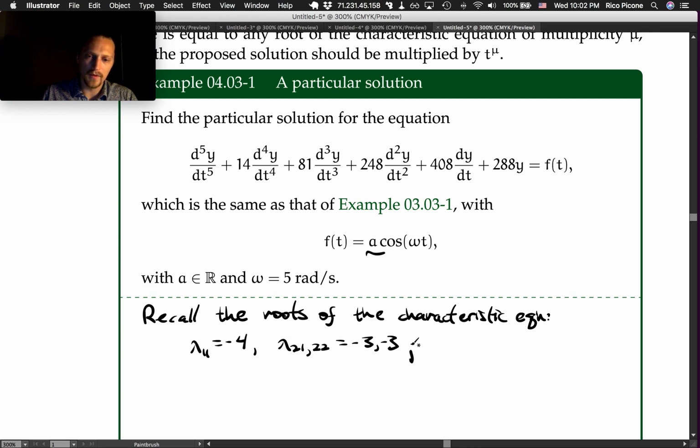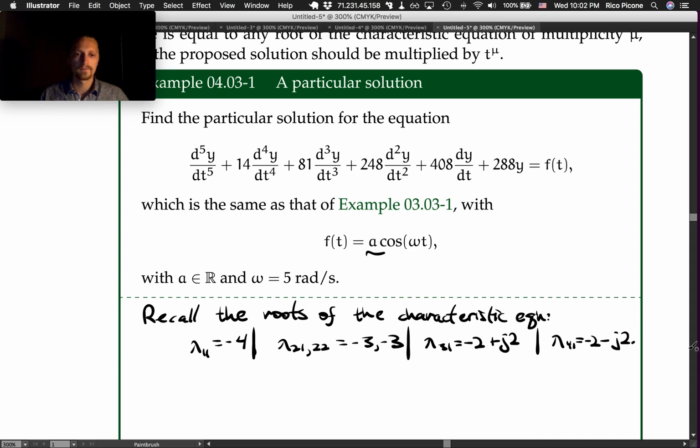That was our repeated root. I'll put pipes here to make it a little bit more clear. Not like from Orange is the New Black. It's different. Okay, and then lambda 3,1 is equal to -2 plus j2, and lambda 4,1 is equal to -2 minus j2. So those were our roots of the characteristic equation.